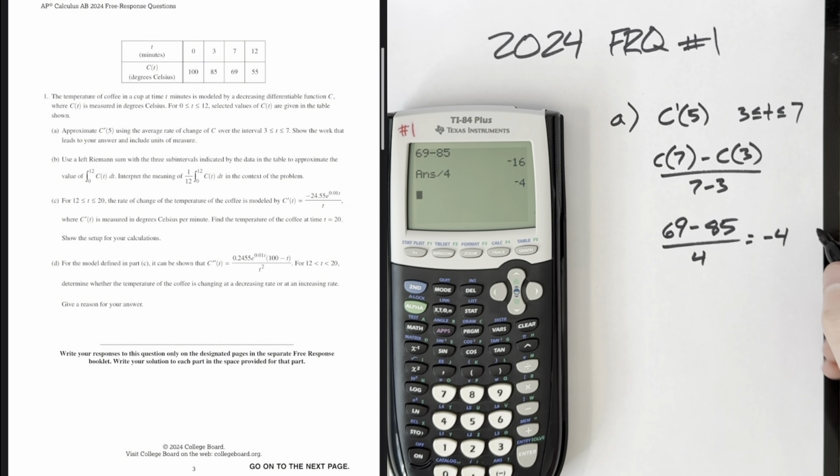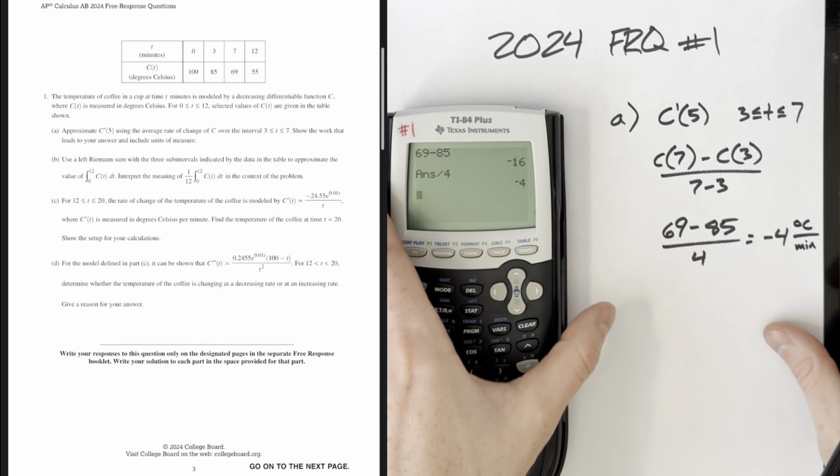So this is going to be whatever our units of C are divided by our unit of time, which in this case is degrees Celsius per minute. So that would be our unit of measurement. And this makes sense, right? C prime should be how fast our temperature is changing at a given point. So that is part A, relatively simple, super quick.